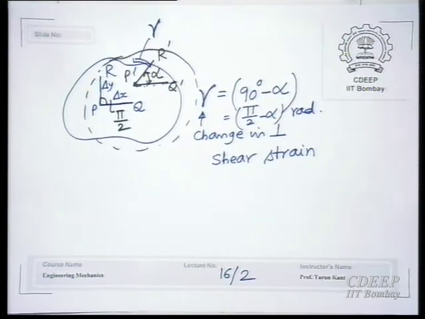That means there are two measures for deformation. One is normal strain, the other one is shear strain. One is change in length per unit length, either the lengthening of a small line, elongation or contraction of a line. So elongation or contraction will be one, and then change in right angle will be another.